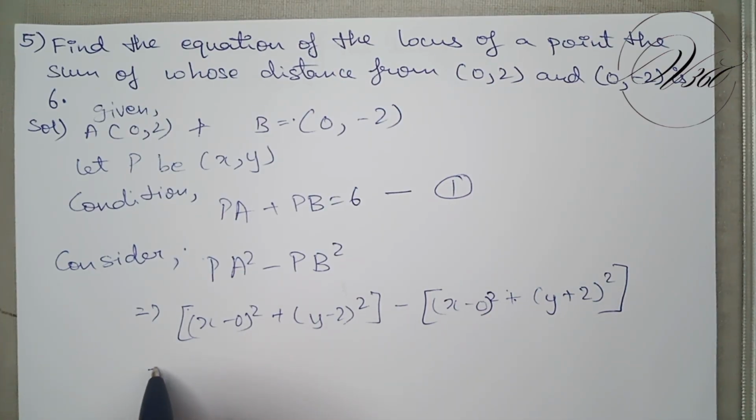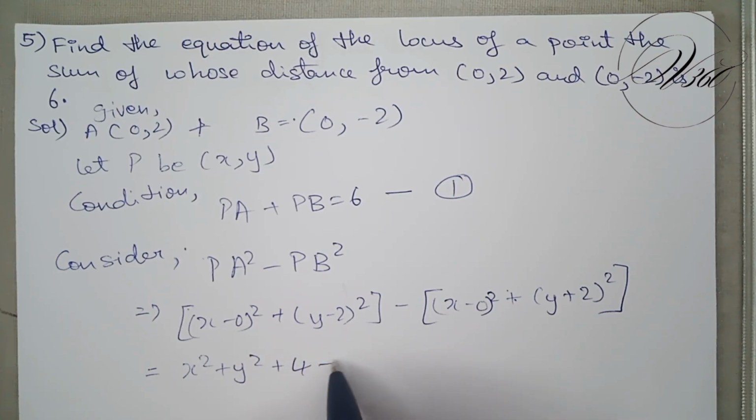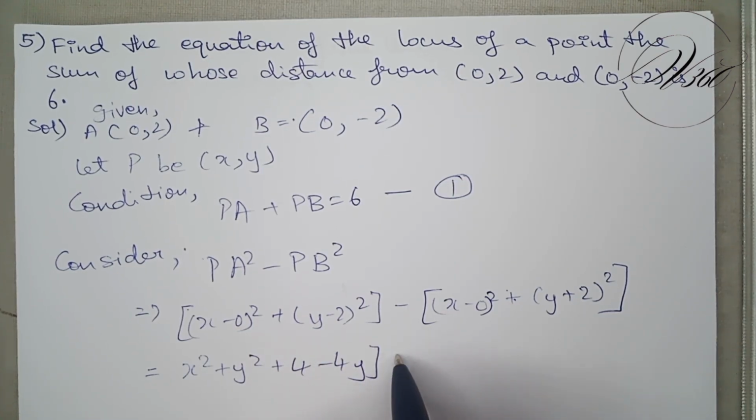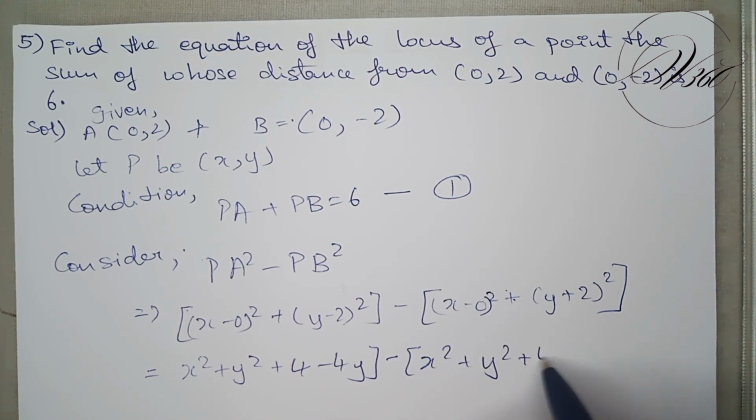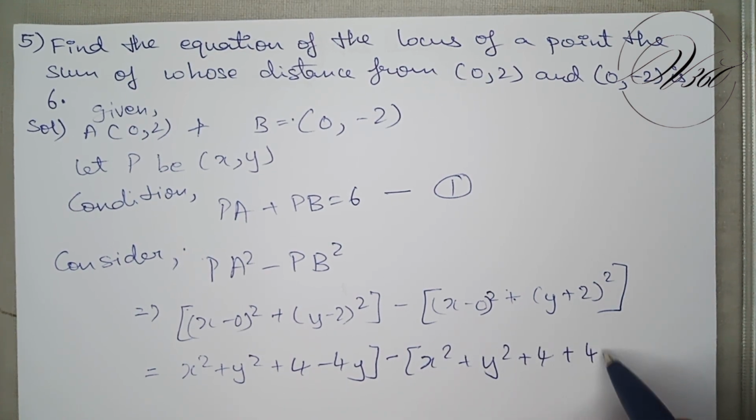Now this is x square plus y square plus 4 minus 4y, alright, minus x square plus y square plus 4 plus 4y.